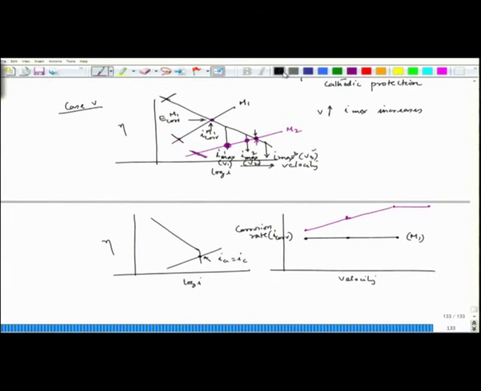This is V1, V2, V3, V4, but in case of M2 the corrosion rate variation is like this, since they are cutting at different points depending on the velocity increment as well as change in Imax. So, this is another behavior that can be explained with the help of mixed potential theory.